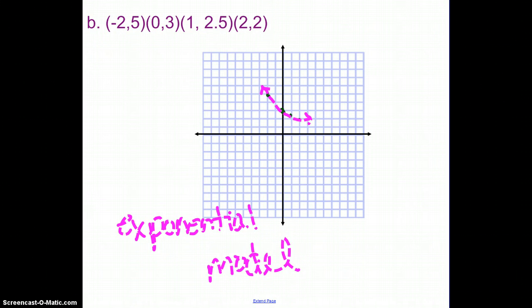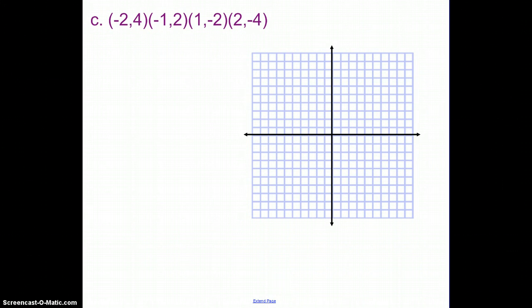Okay, let's look at the next one. Same thing, graph the points. So negative 2, 4, negative 1, 2, then 1, negative 2, and 2, negative 4. Now, I could already tell that if I were to do a line, they would all sit right on top of it.